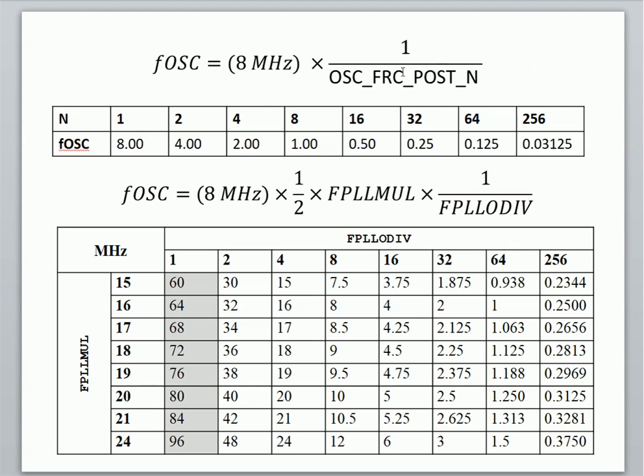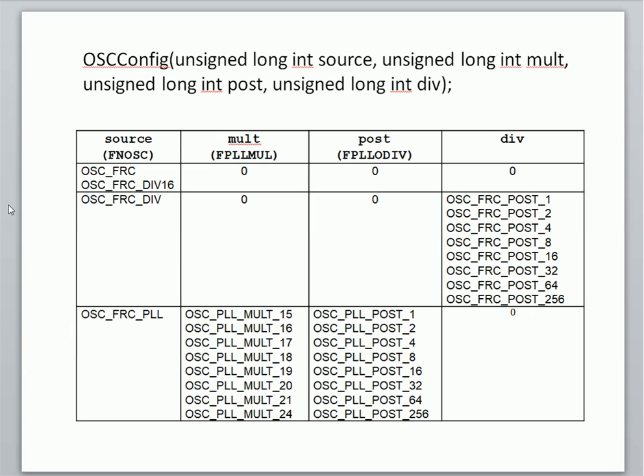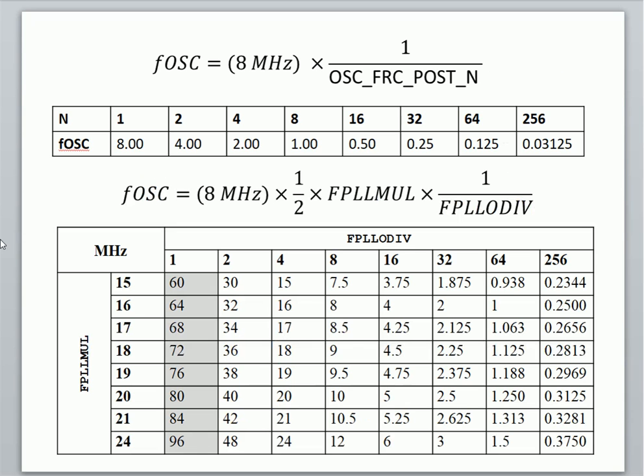So the first one is if we're using the setting Osc XC32, and all we can do is divide by a number which is either 1, 2, 4, 8, 16, 32, 64, 256. So starting at 8 megahertz, we can go down to about 31 kilohertz.